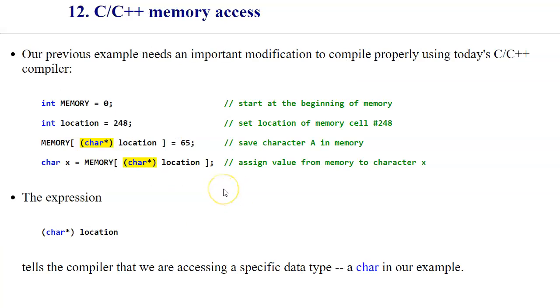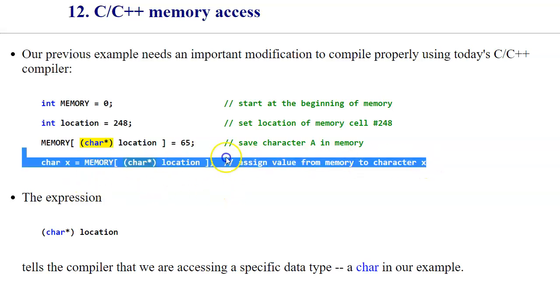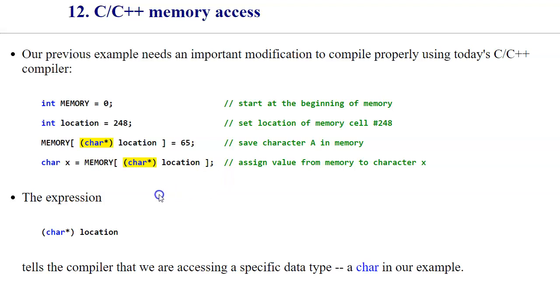So what has to change in the modern version of C and C++ with respect to that uniform 18-bit memory organization of the original PDP-7 machine? Very similar code. The only thing that was added here is that we have to provide explicitly to the compiler information that specifically tells us that this is a location of a character, or a location of an integer, or a location of some other type.